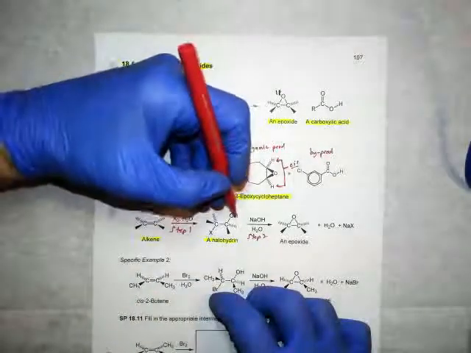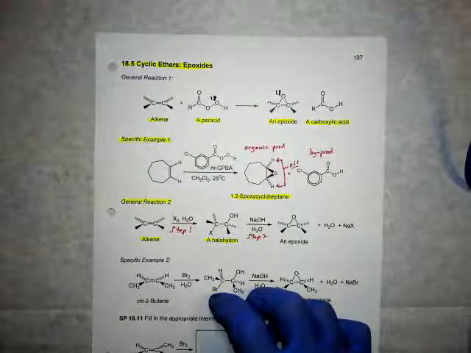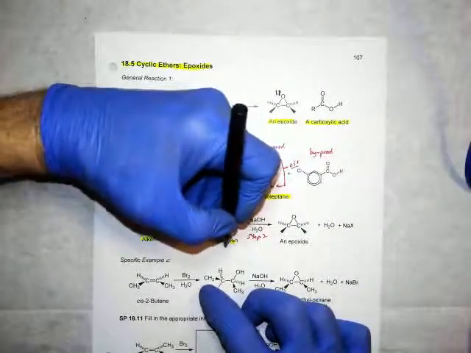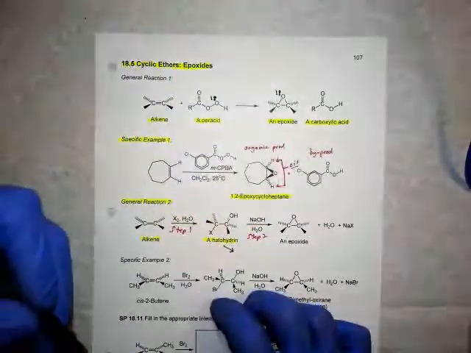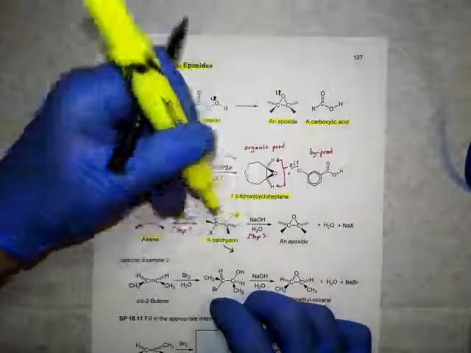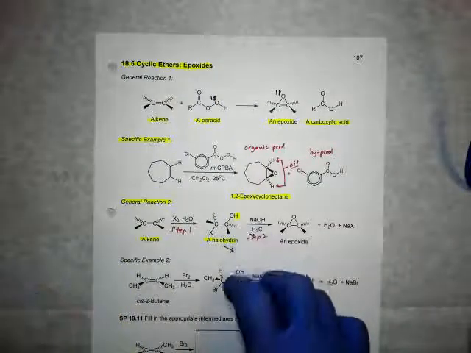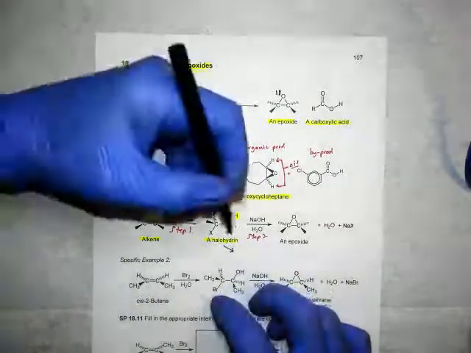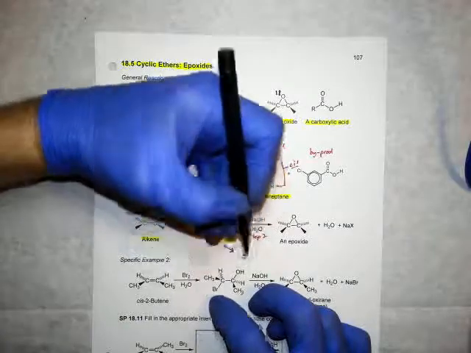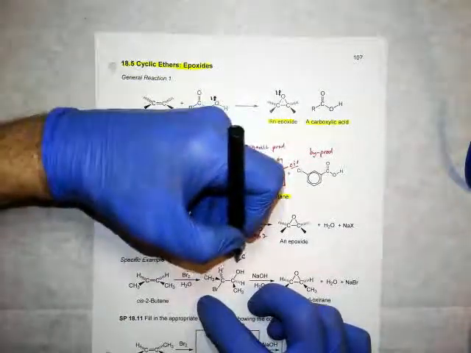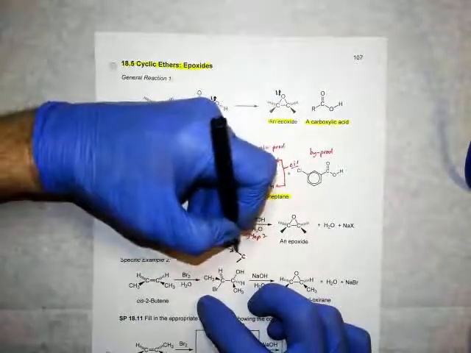You're going to remove that proton using a strong base, and we're going to generate an alkoxide. So the strong base removes that proton. Let me highlight that proton because we're going to lose that to the hydroxide anion. And so that's going to give us, as I just said, an alkoxide intermediate.